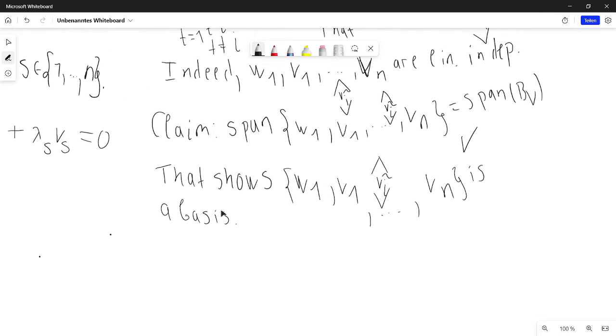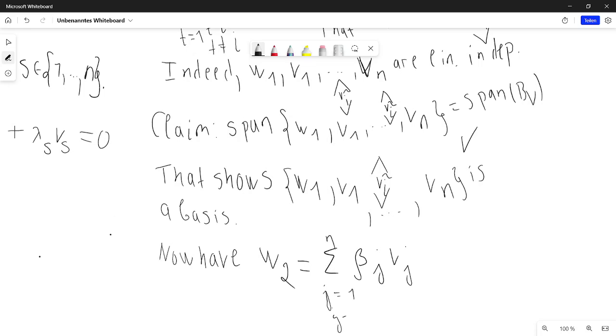Now we'd like to do the same thing for W2, right? For W2 in this basis. Now we have W2. Because this is a basis, we have the basis representation property. So we have that, the sum over j equal 1, and j omission, right?